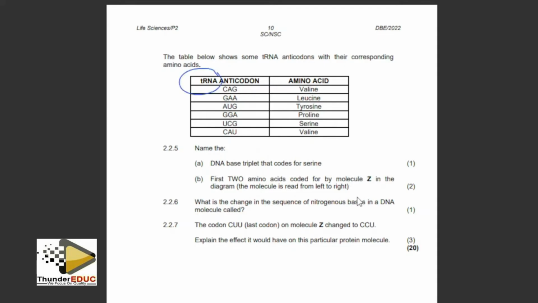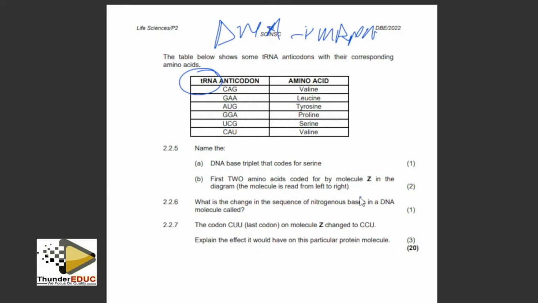Please check and see what is there. If they say this is DNA and they gave you DNA at the beginning, then you don't need to change. If they give you DNA and what is here is transfer RNA, you have to change it to messenger RNA and then to transfer RNA.